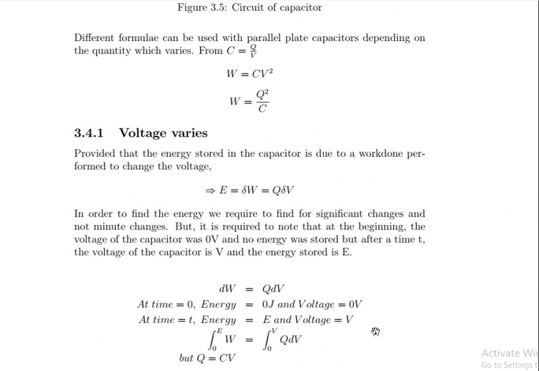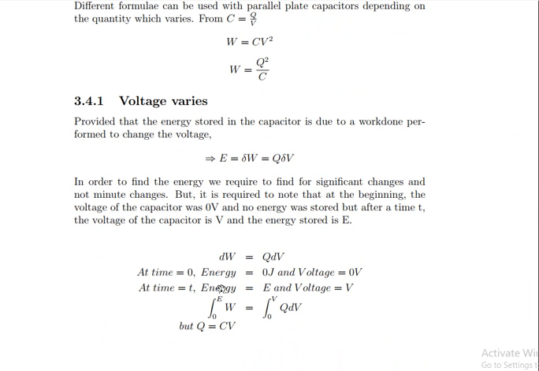So we are going to put it as the limit here. So the integral from the start 0 joules to an energy of E is equal to the integral from a voltage 0 to a voltage V.